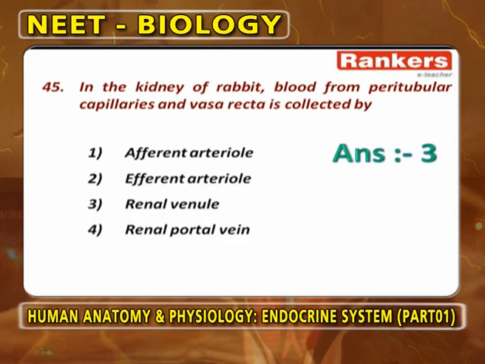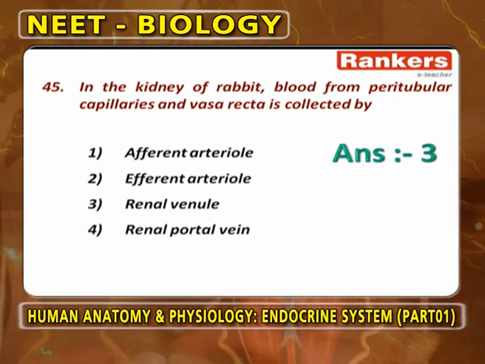In the kidney of rabbit, blood from the peritubular capillaries and vasa recta is collected by.